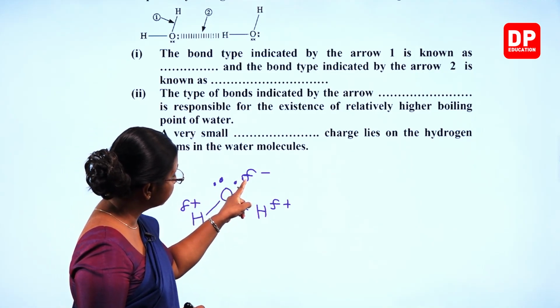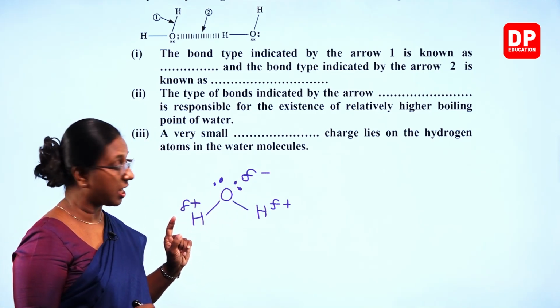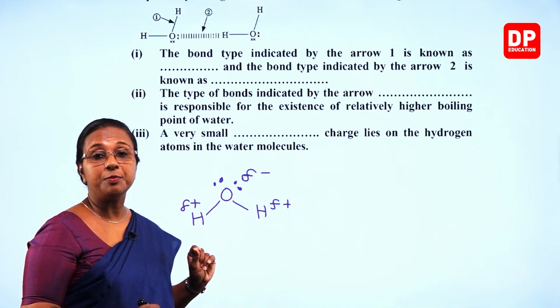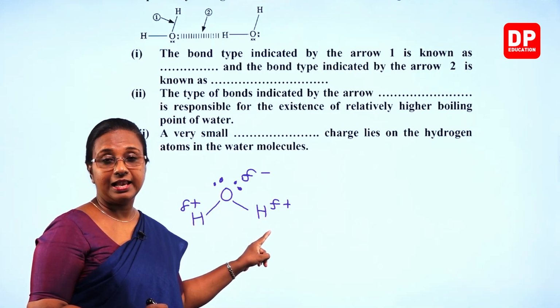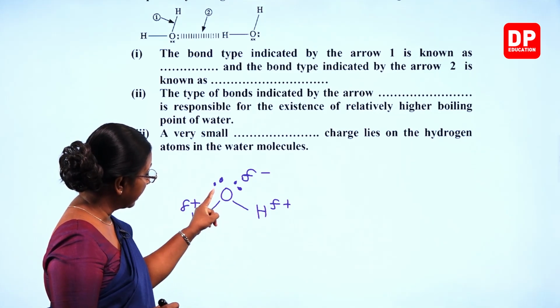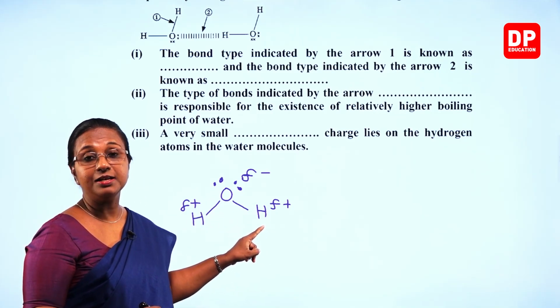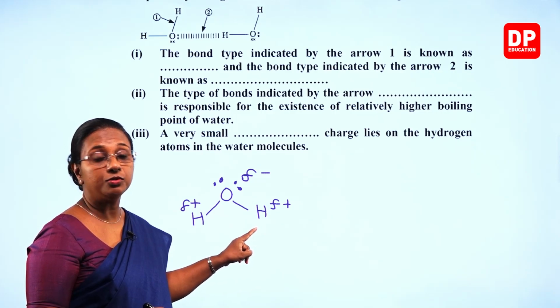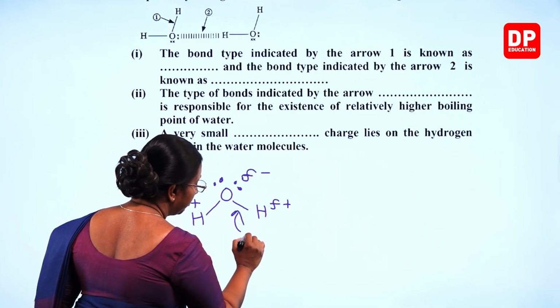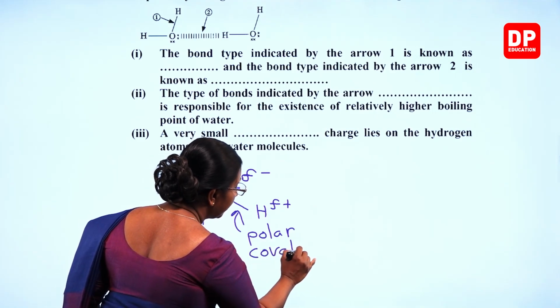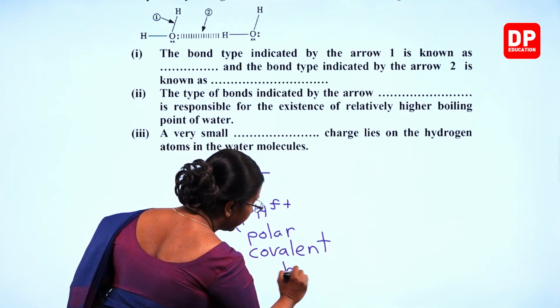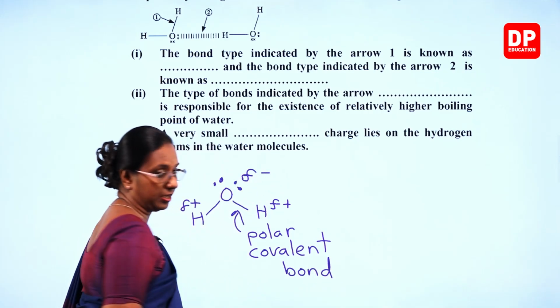Because of that, it gets a partial negative charge, and hydrogen has a partial positive charge. This is more electronegative, this is less electronegative. So this is a polar covalent bond, you all know that. And with this polar covalent bond, the molecule is also a polar molecule.